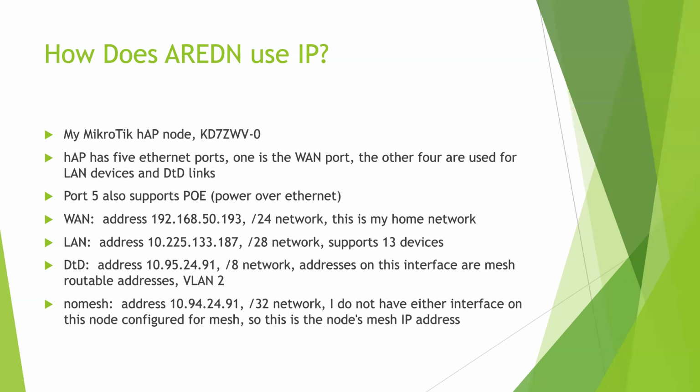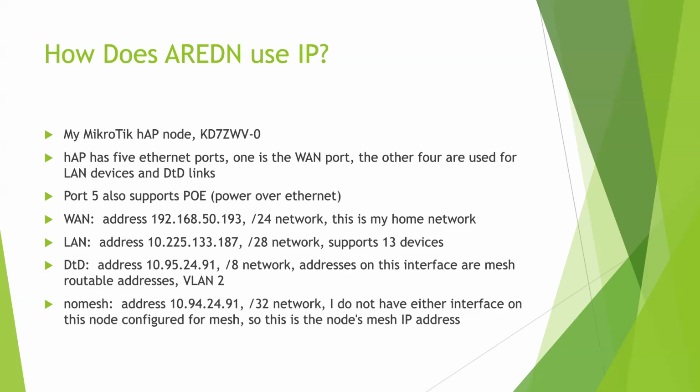My home network is. And then the LAN gets 10.225.133.187 as a /28, which is identified as a 13 host network in the UI, right? Really 14 hosts. Remember, /28 gives you 16 addresses. The 0 address is the network. The 1s is the broadcast.